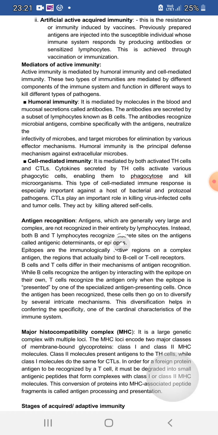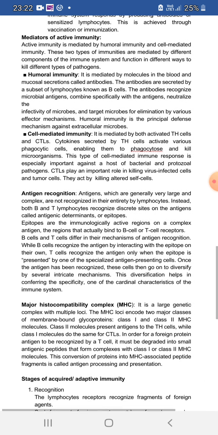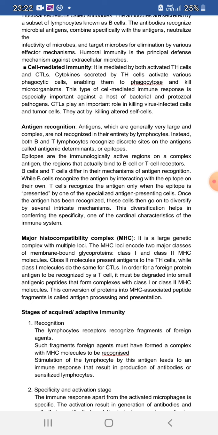So the phagocytes, like macrophages and many other cells, are involved in antigen processing. They engulf the antigens, like we have seen in phagocytosis, and break them down into small pieces. During that process, there's another group of molecules known as the major histocompatibility complex.